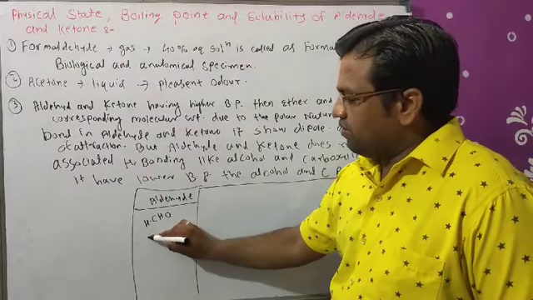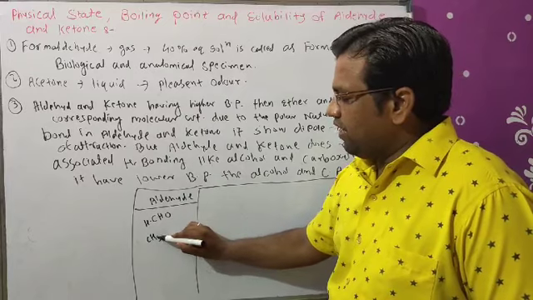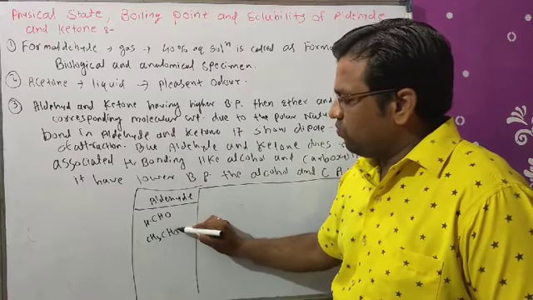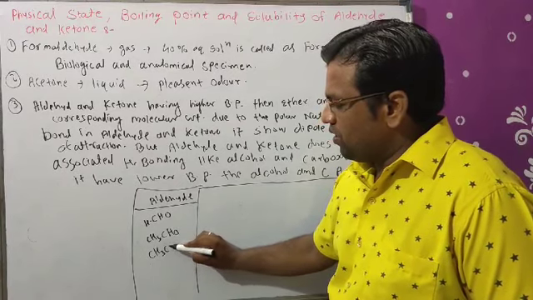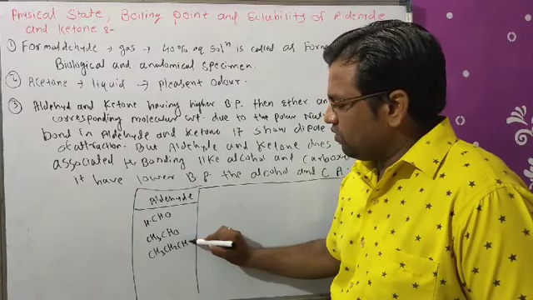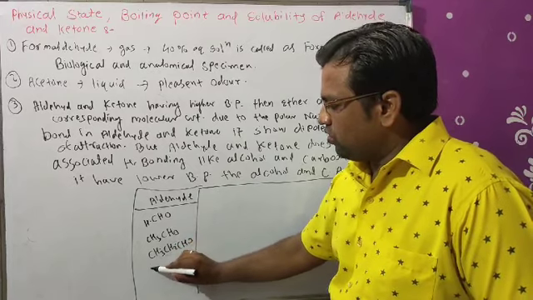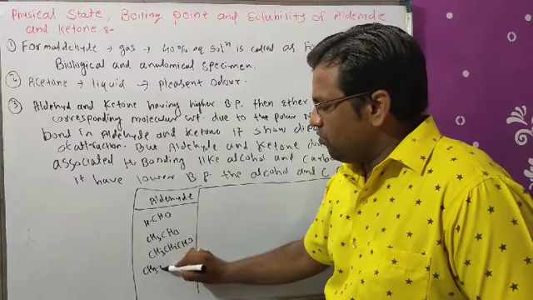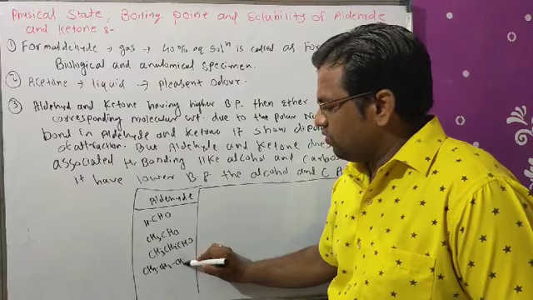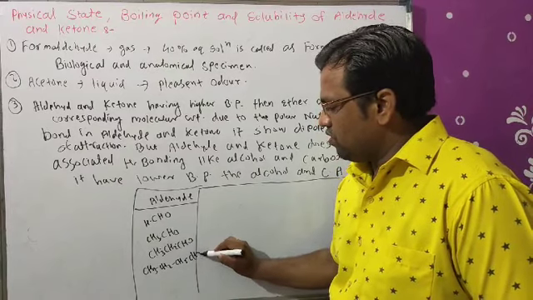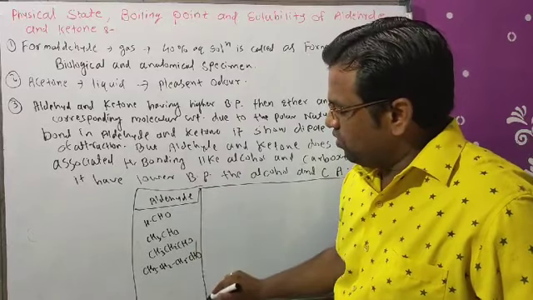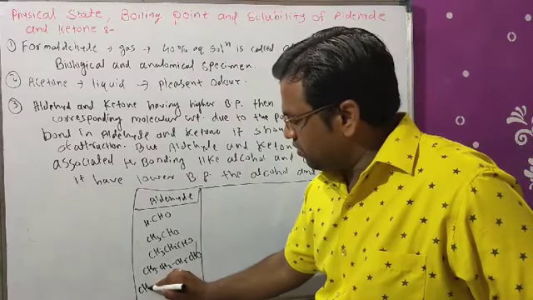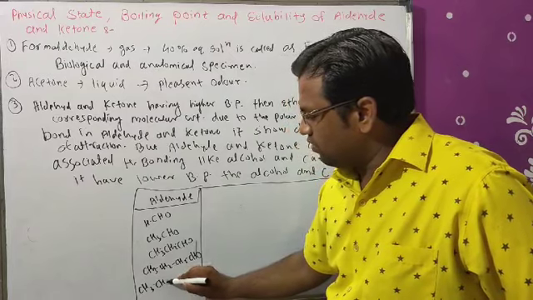Then second is acetaldehyde, that is ethanal, CH3CHO. Third is propanal. Fourth is butanal. And fifth is pentanal.